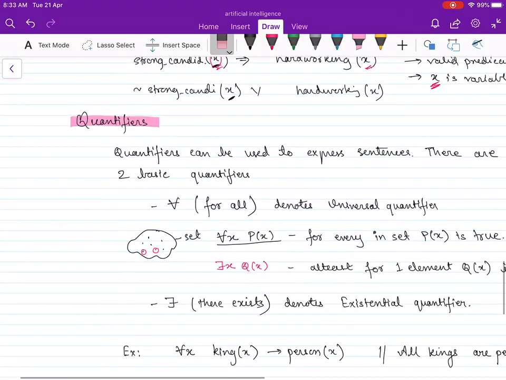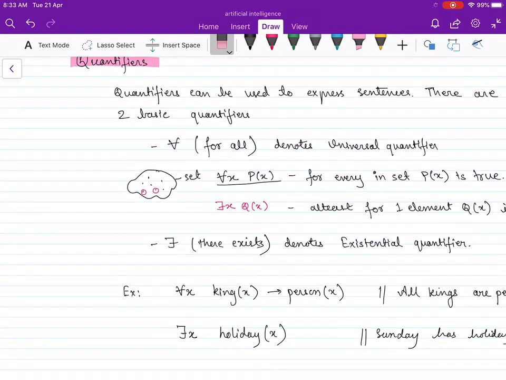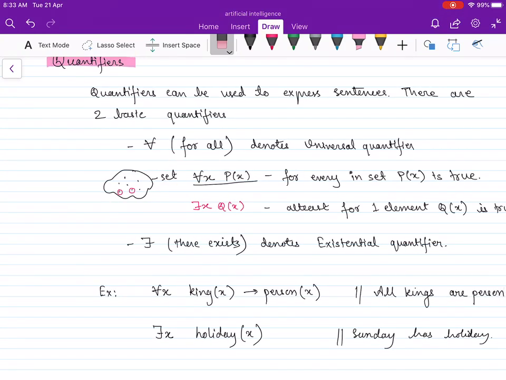Now moving to the quantifiers. Quantifiers can be used to express sentences. There are two basic quantifiers, for all and there exists. For all denotes the universal quantifier and there exists denotes the existential quantifier.